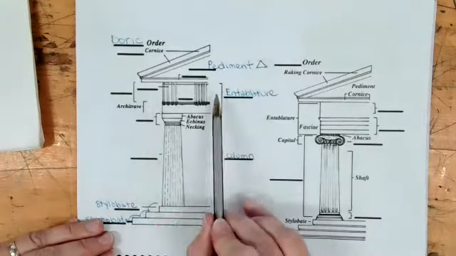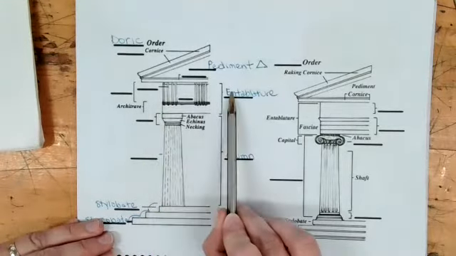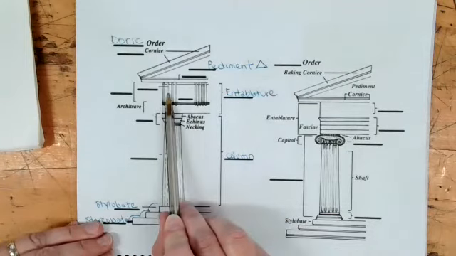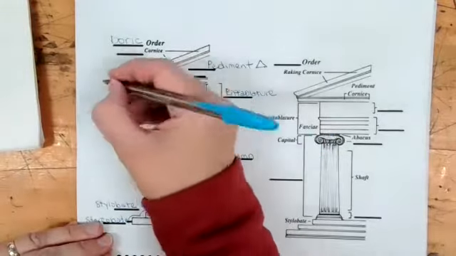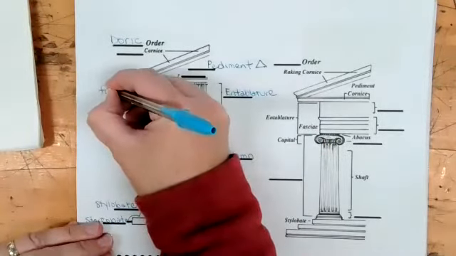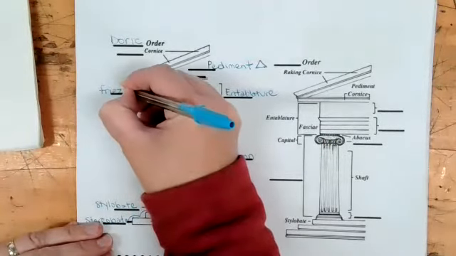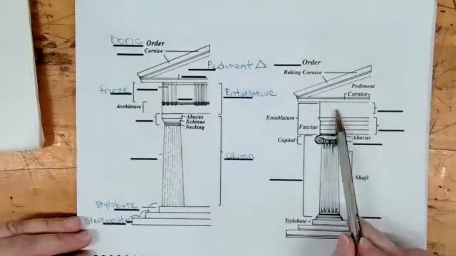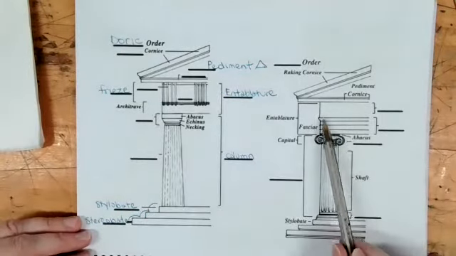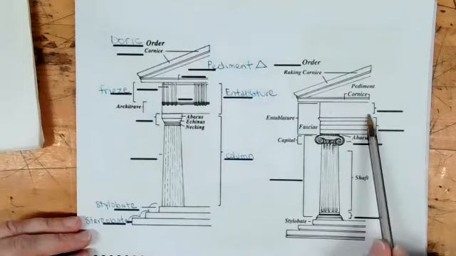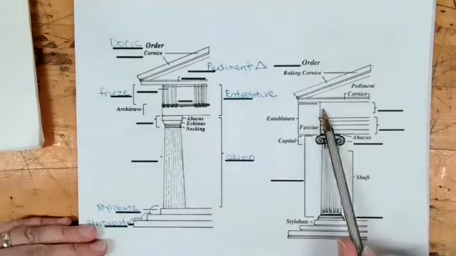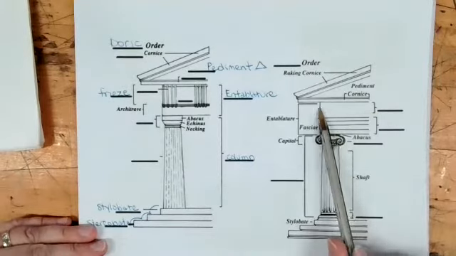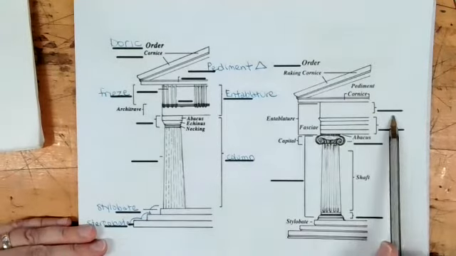Then this very top section of the entablature is called the frieze. In other styles like Ionic, that might be a running frieze, and you see that on the temple of Nike Athena. You might have sculptural relief, so there'd be decoration in there instead of it being smooth.